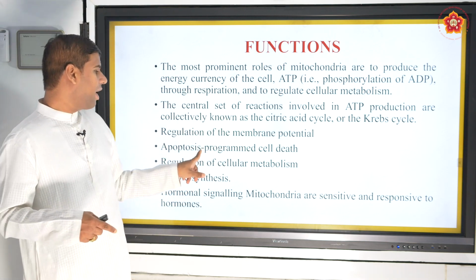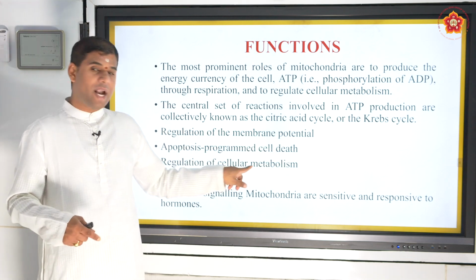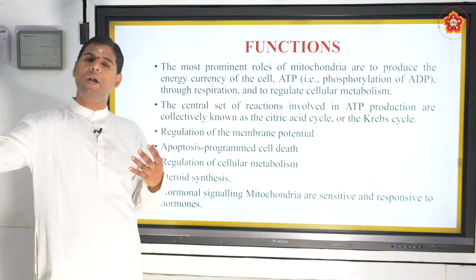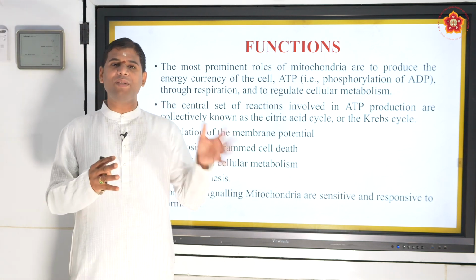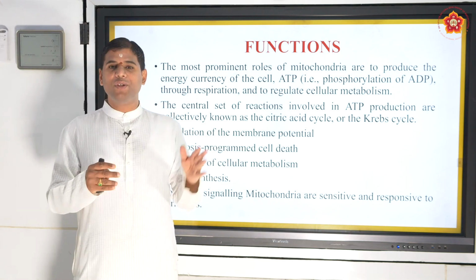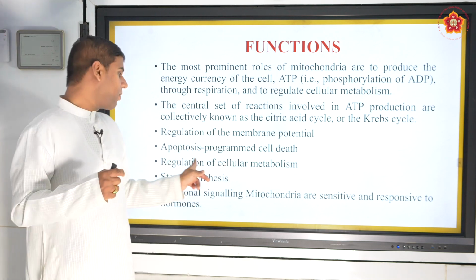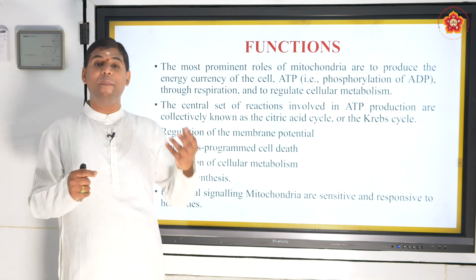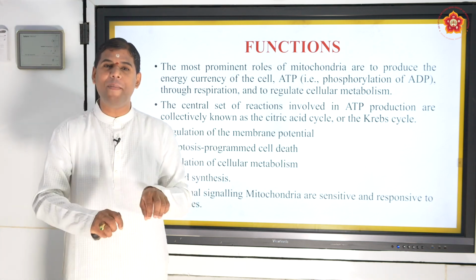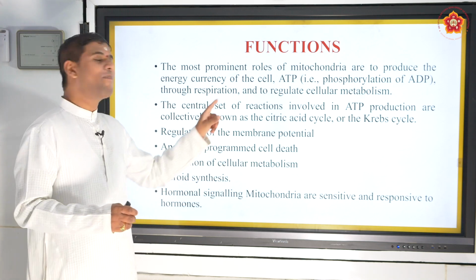And apoptosis, that means programmed cell death. You know that if a cell goes on, then it's very dangerous. Every cell has a death. Everything which is born has a death, alright? So there is something called apoptosis, a programmed cell death. The cells are programmed, not a computer program, alright? It is the cell program here.